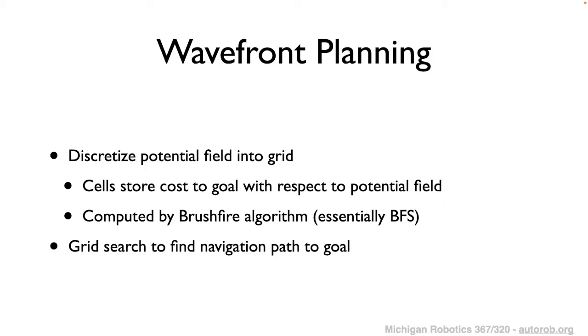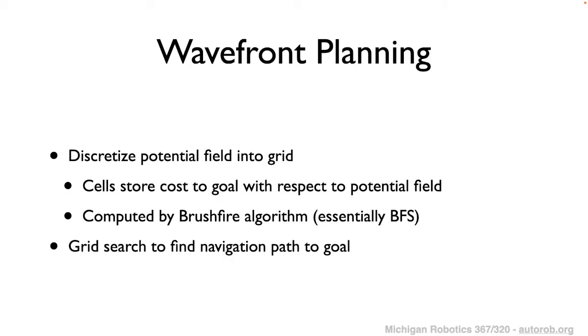At a high level, the idea is that we can discretize the potential field into a grid, and then we can store in each of the cells of that grid the cost to the goal with respect to this potential field. This discretization into a grid can be computed by the brushfire algorithm, which is essentially breadth-first search, just with the inclusion of these potential field scores.